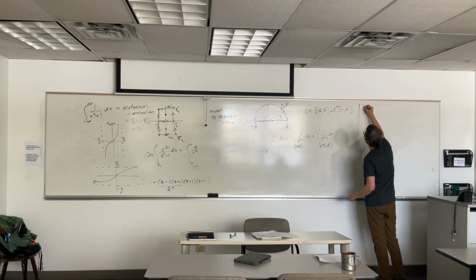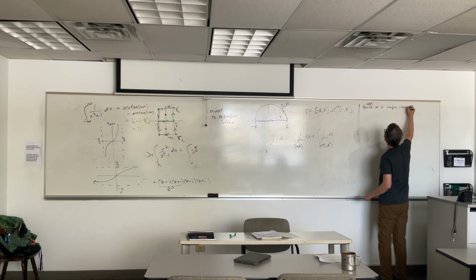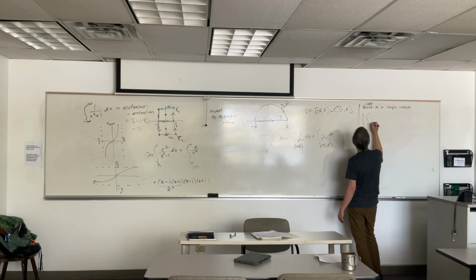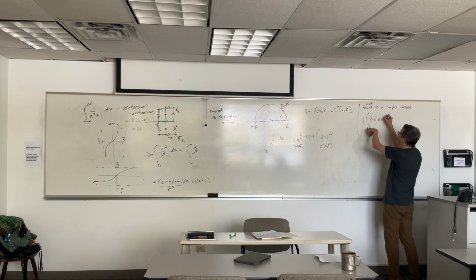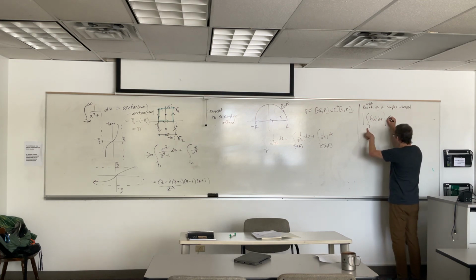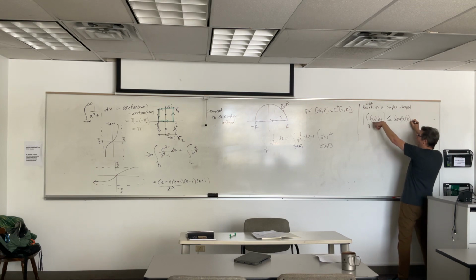So, an upper bound on a complex integral. This is a formula in our book that they develop right after they introduce complex integration, but it essentially says this: that the absolute value of a complex integral over a curve gamma is less than or equal to the length of gamma times the maximum value of f on that curve.